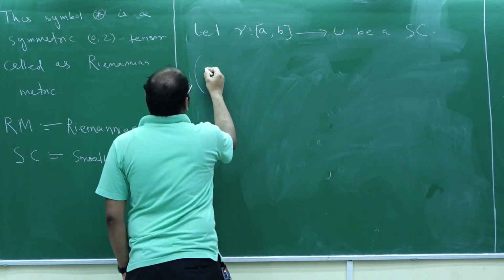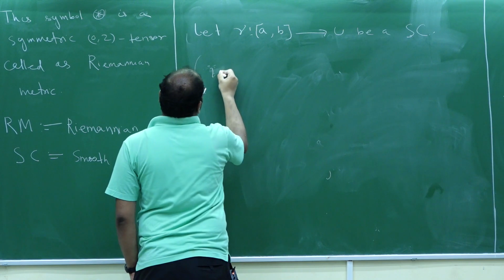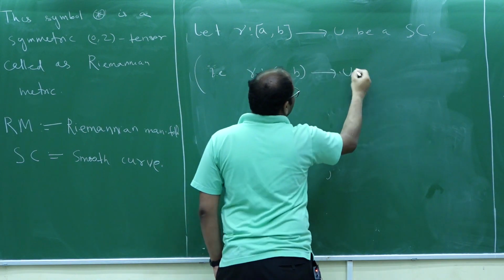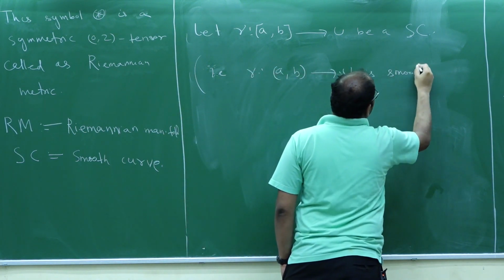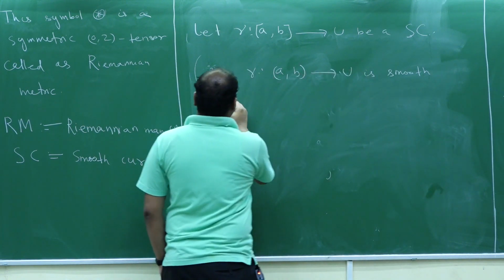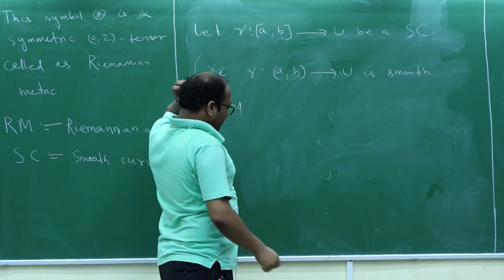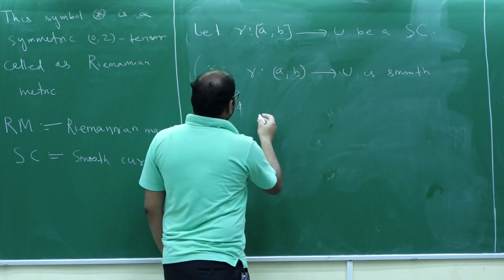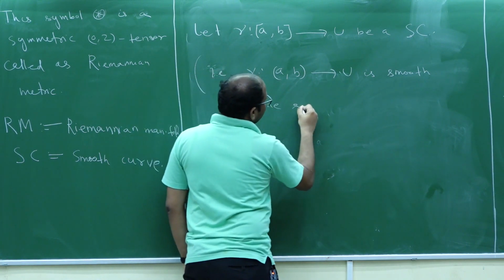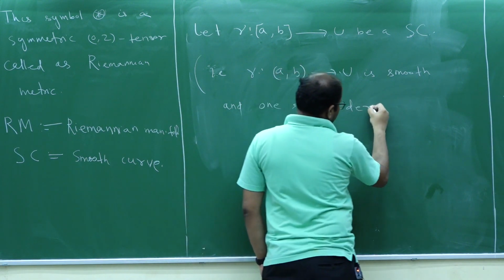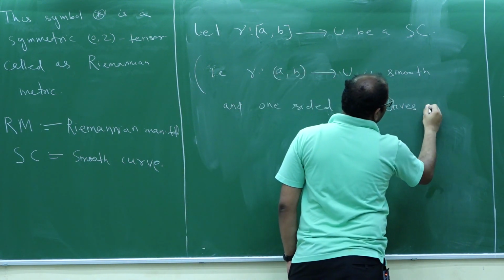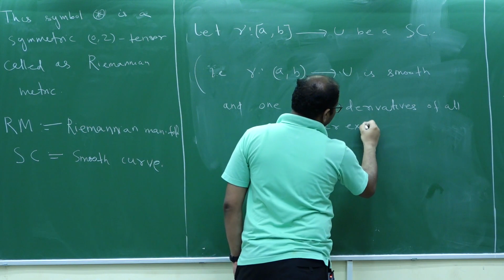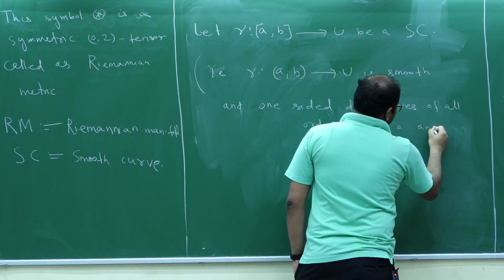This means that gamma from the open interval A B to U is smooth in the usual sense, and at the end points all one-sided derivatives of all orders exist.